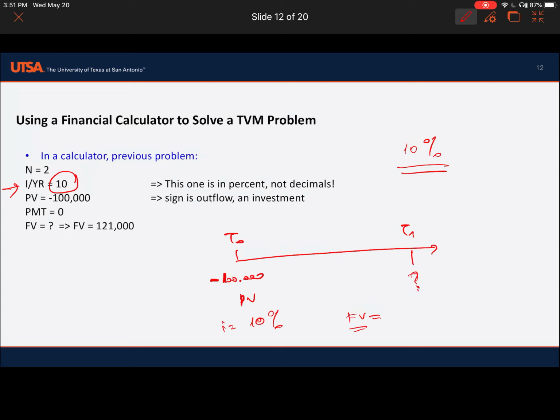You remember the formula, but while using a financial calculator, you will only need these variables, and you will just calculate the future value. You should be very careful in giving the negative sign. And you will have a positive sign. This is inflow, and you will get outflow.